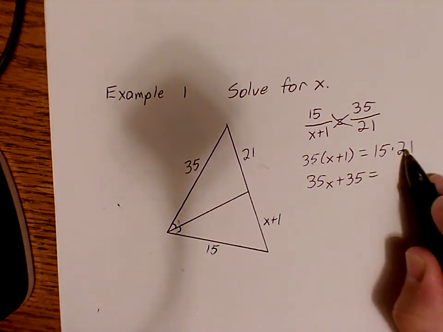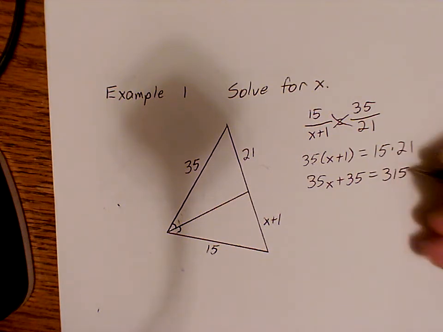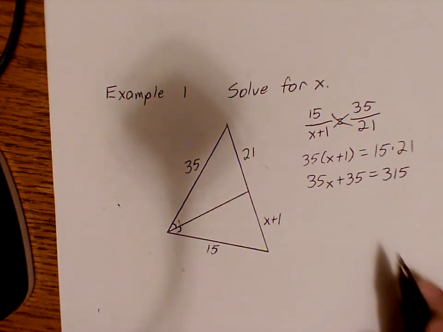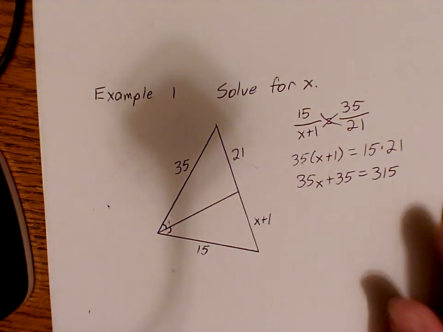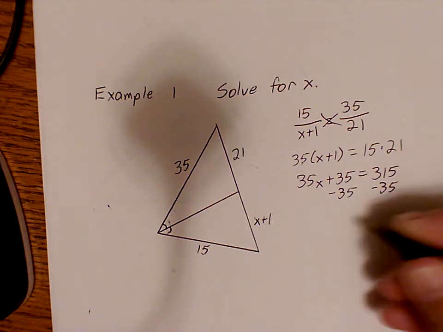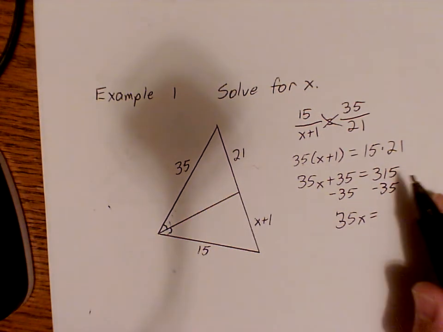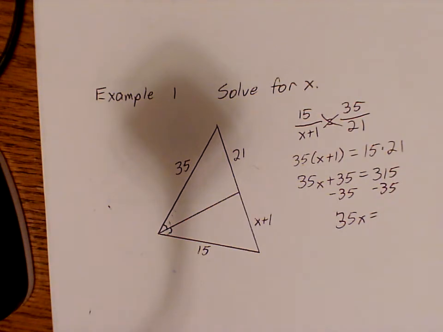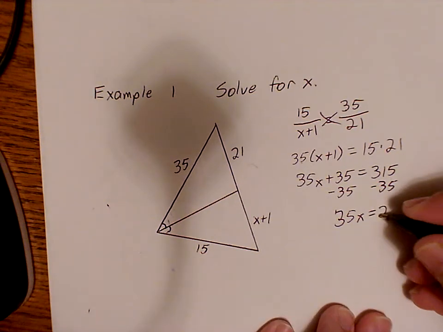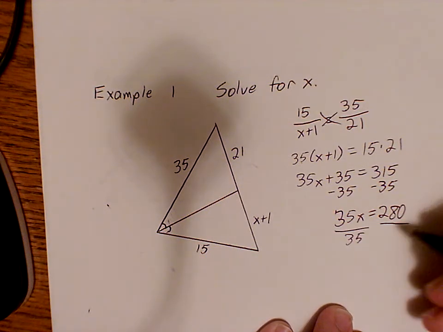And then 15 times 21 will be 315. Now, at this moment, I'm just going to subtract the 35 from both sides. So 35x equals 315 minus 35 is 280. And now I just got to divide by the 35 on both sides.